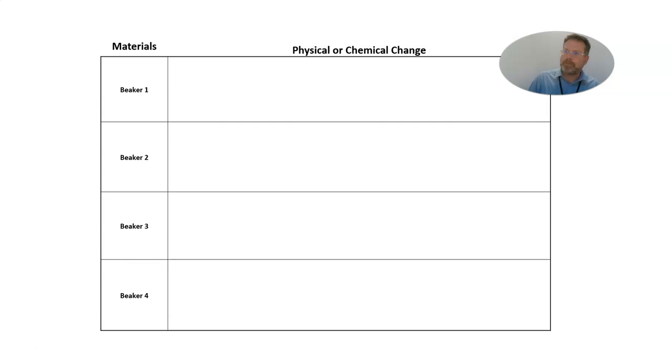I saw some of you putting 1, 2, and 3 as a physical change and beaker 4 as a chemical change. But based on what? There was a temperature change. At this point, we've learned chemical changes sometimes have a change in color, sometimes a gas is produced, sometimes another state of matter is produced, sometimes it's irreversible. And from this information, only temperature change, we definitely don't have enough information.